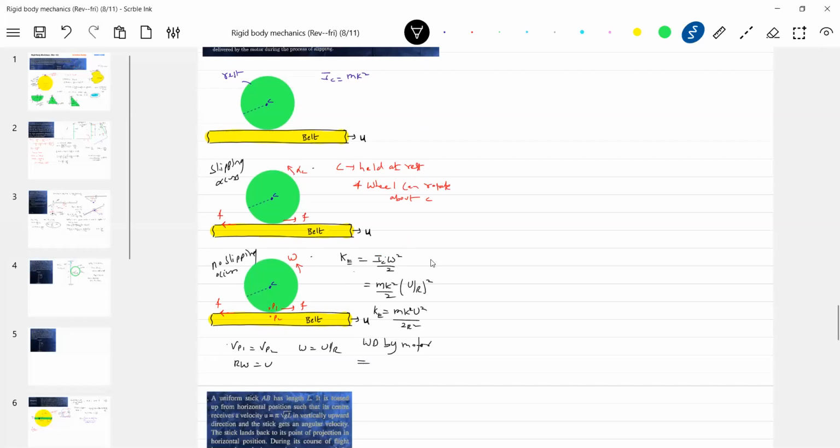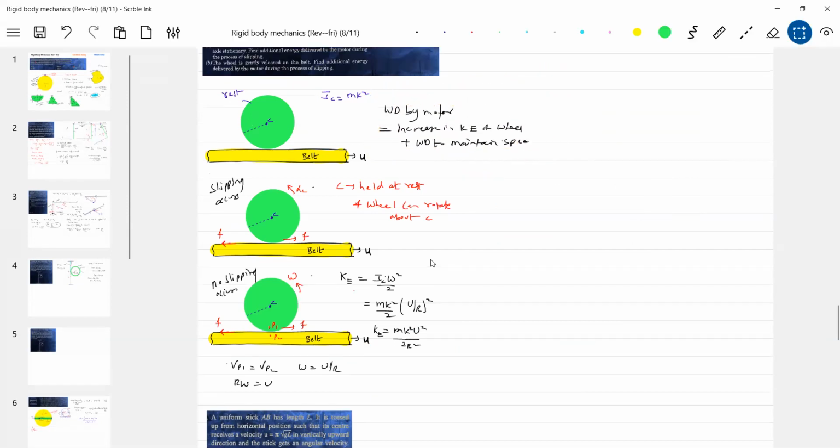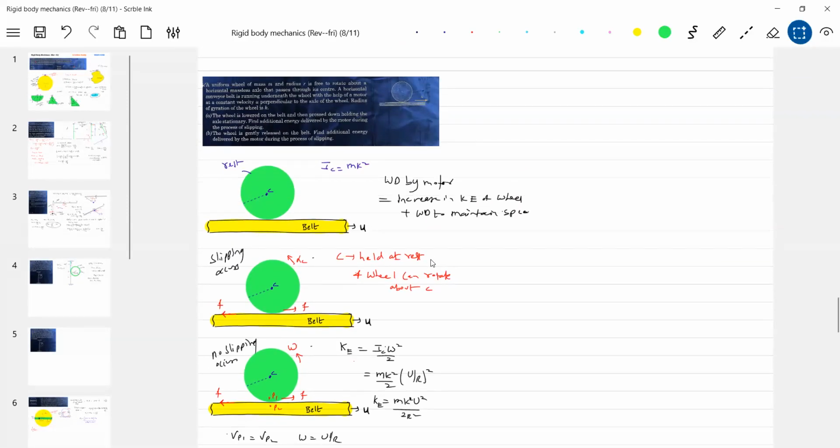Work done by motor should be equal to increase in kinetic energy of wheel plus work done to maintain speed of the belt constant.